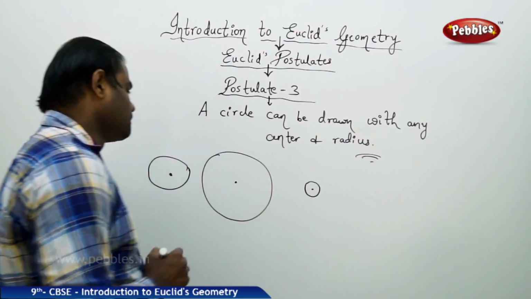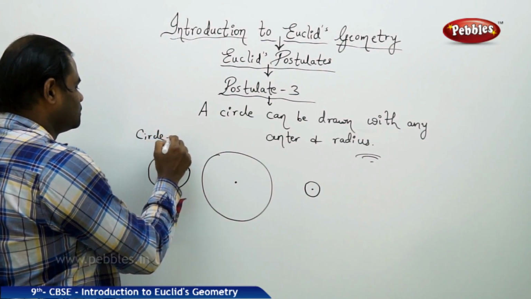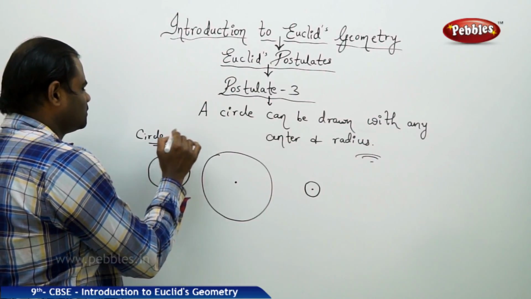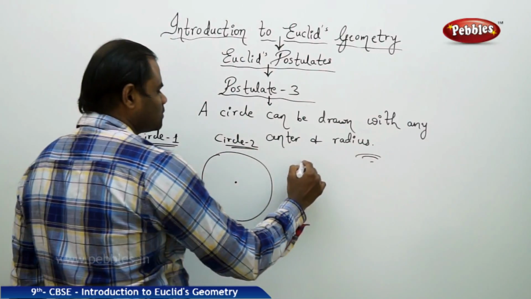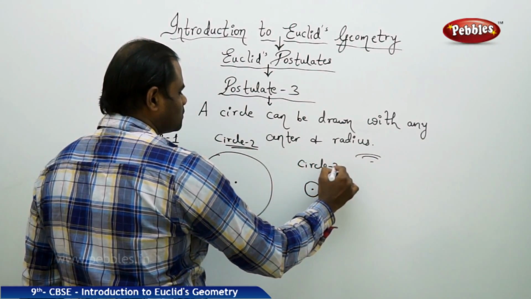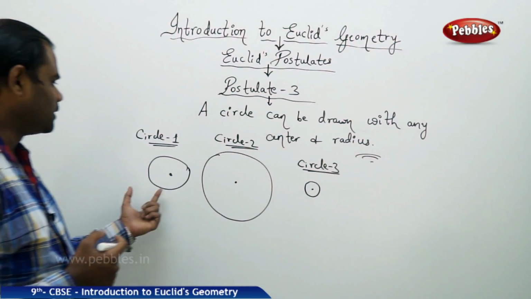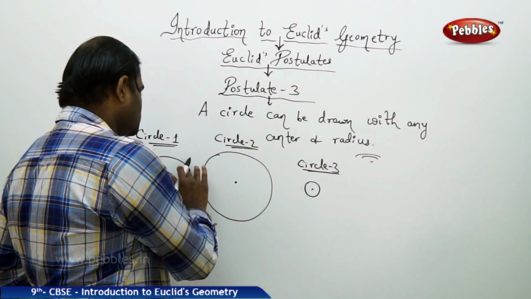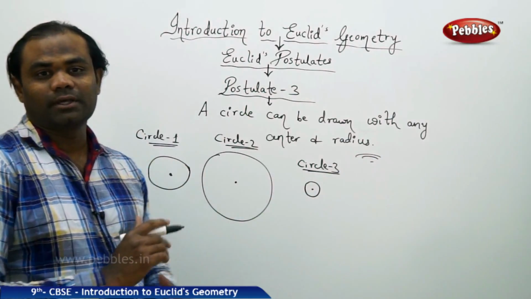I get a circle. So here I have circle 1, circle 2, and circle 3, which have their respective radii. Each of the circles has its own radius in this case.